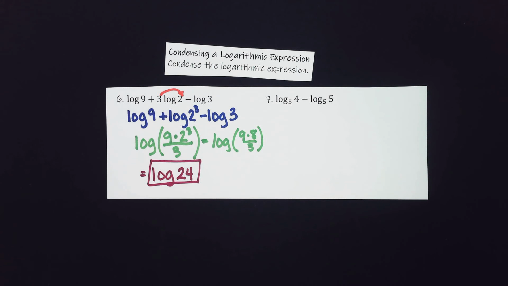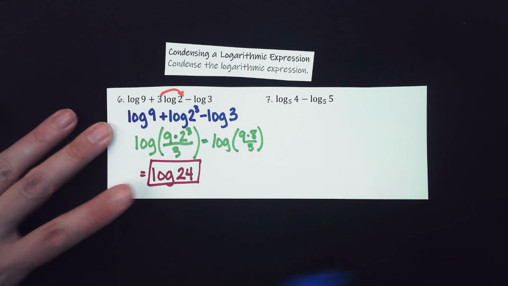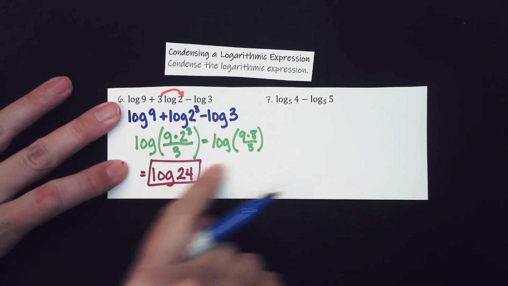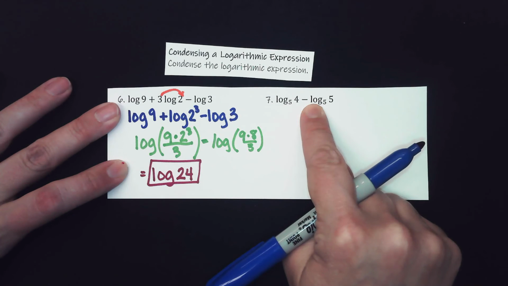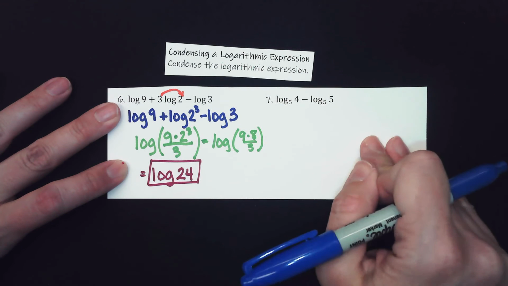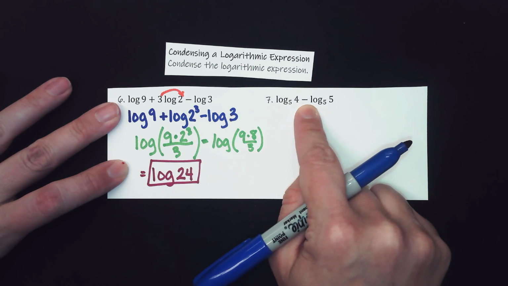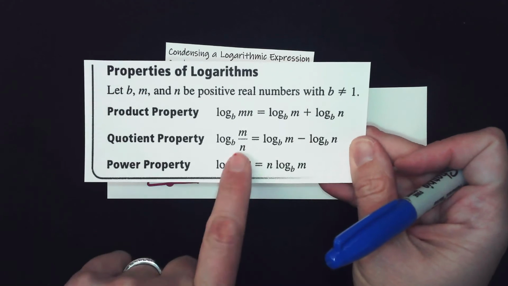So let's move on to number 7. Okay, I have log base 5 of 4 minus log base 5 of 5. Again, this probably would have been a better problem to go first before we got more complicated, because this doesn't have anything in front of either log, so I don't need to move anything into the power, but it just has this minus in between. And so going back to our properties, that minus in between means it's a division.